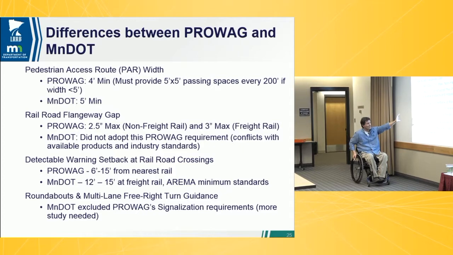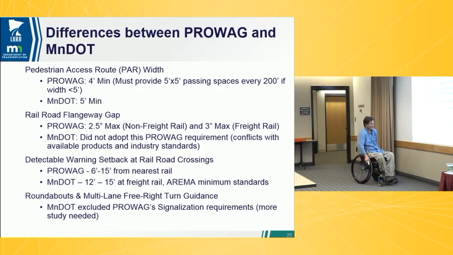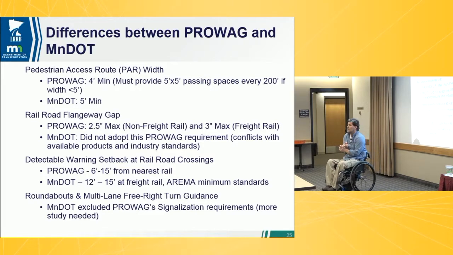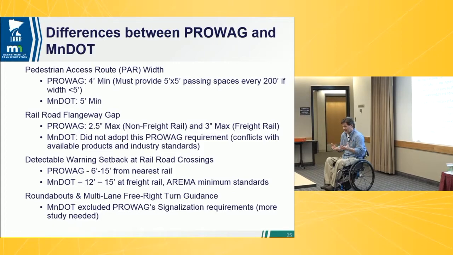There's a setback that Tim talked about with the dome setback at rail, but also roundabouts and multi-lane free rights. MnDOT excluded that at the signalization requirements. ProAg does require that if you have a multi-lane roundabout or a multi-lane free right, that it is signalized. So we felt that that defeated the purpose of a roundabout, so we didn't accept it.